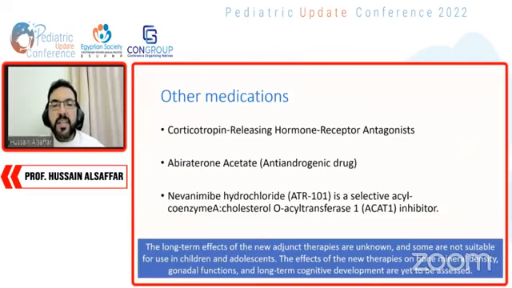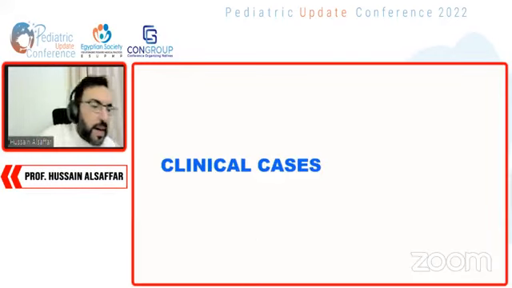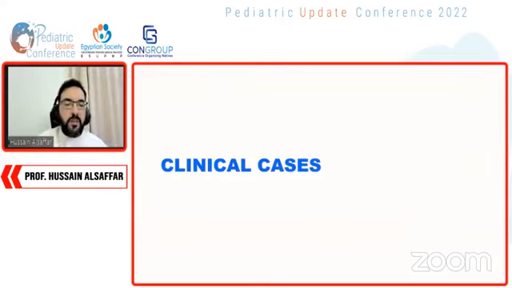And even in adults, we still don't know the long-term effects of these new adjunct therapies. If there are unknown long-term sequelae, then how safe are we going to be using them in children? So at the moment, they are not recommended in pediatrics. And I think I have used my time. I should stop here and I'll take your questions if there are any.